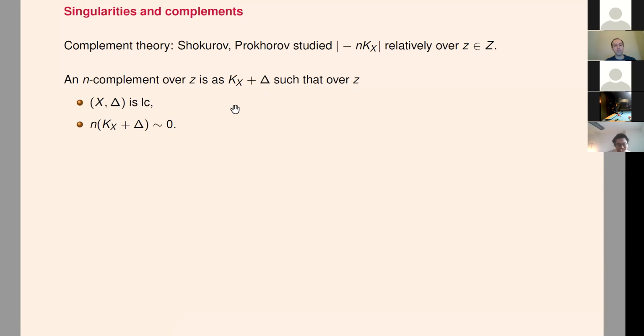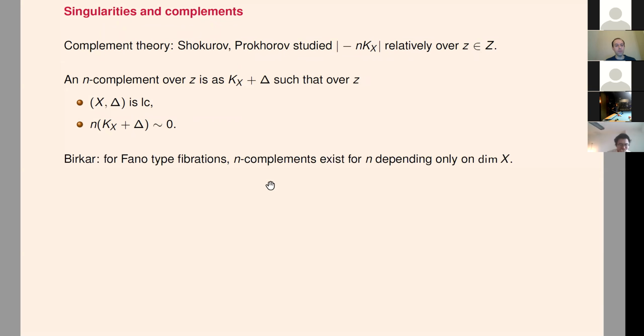This is just saying that there exists some element Delta in this linear system with some nice singularities, and that's basically what an n-complement means.